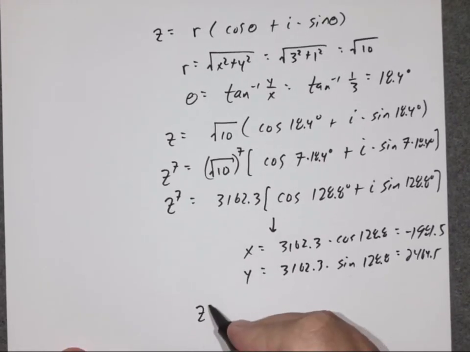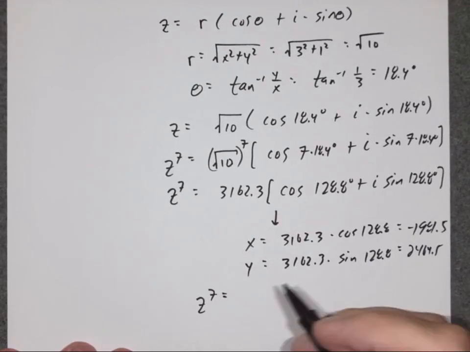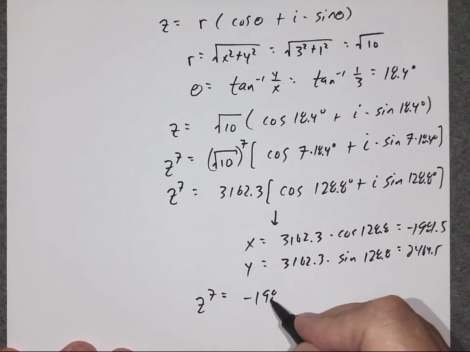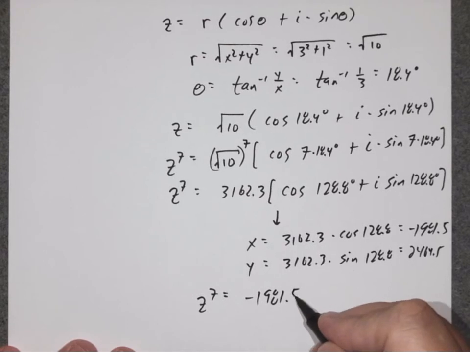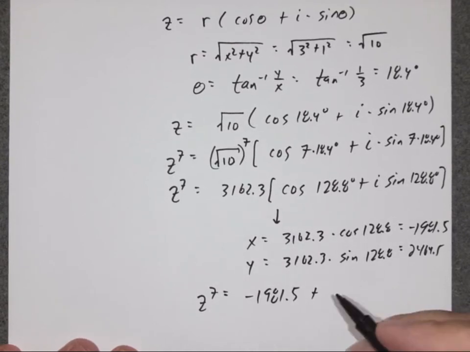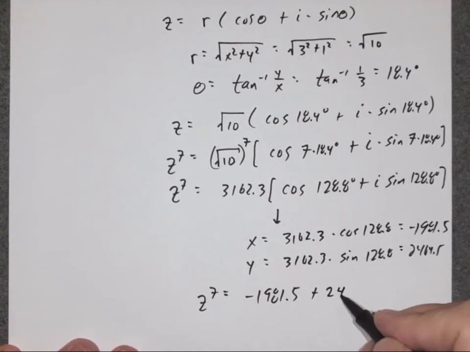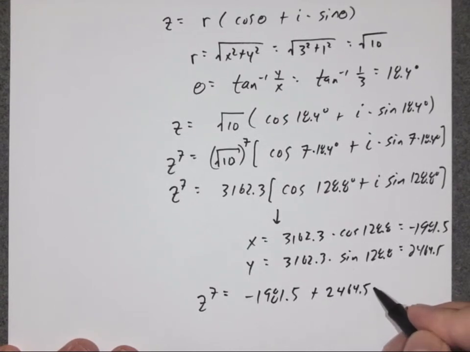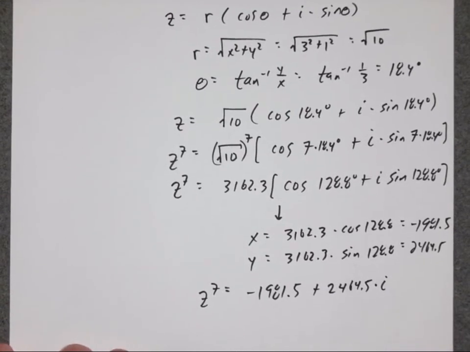So basically, in rectangular coordinates, we have negative 1981.5 plus 2464.5 times i.